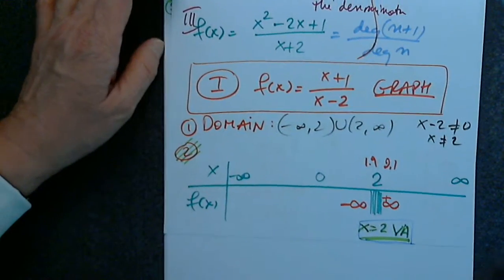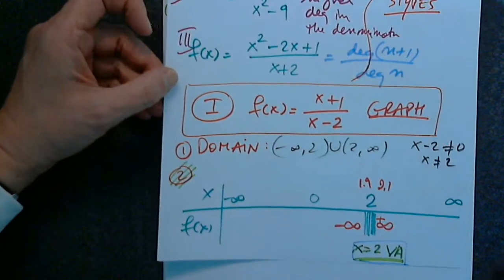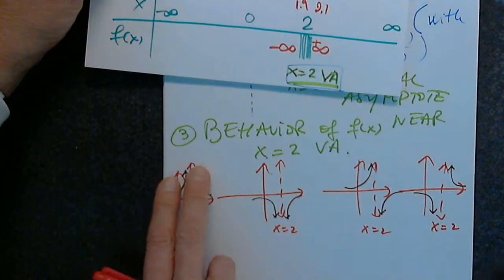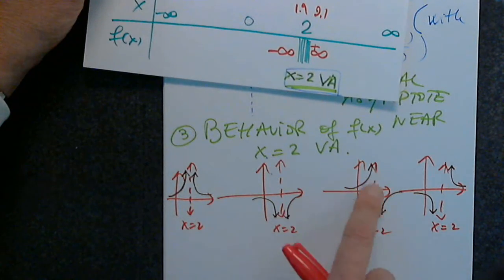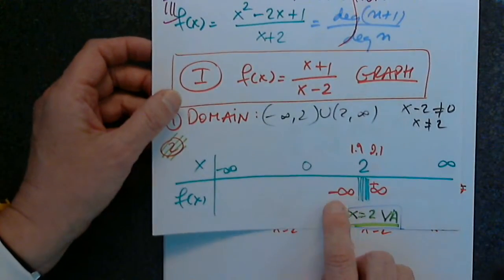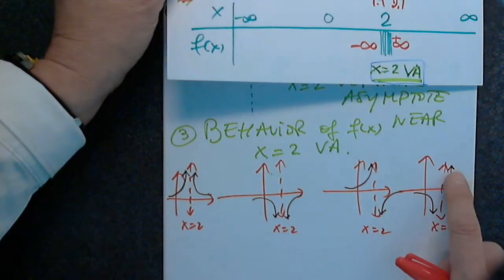It's the first example. Bear with me. When we get to the next one, you'll see how easy it is. I needed to see which situation this is: both sides positive infinity, both sides negative infinity, positive negative, or negative positive. So I established that it's negative infinity and positive infinity.